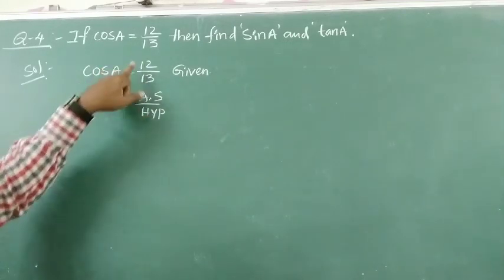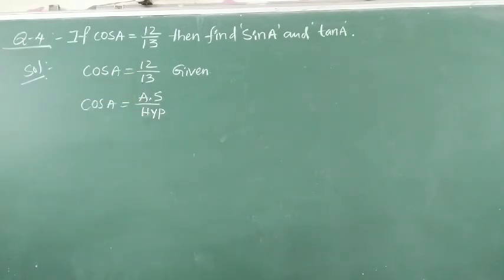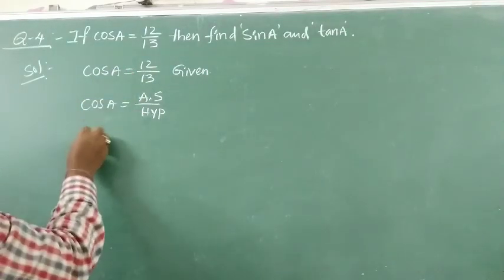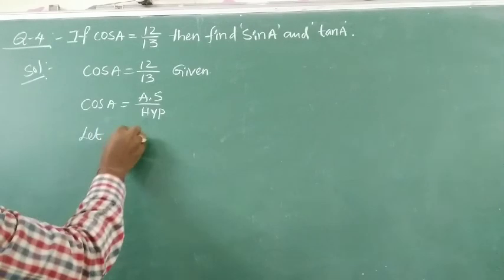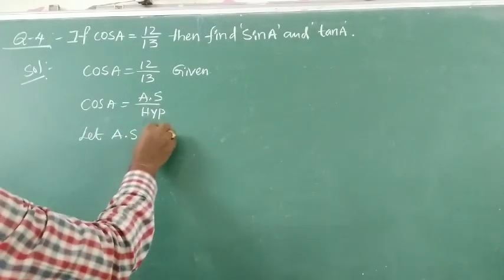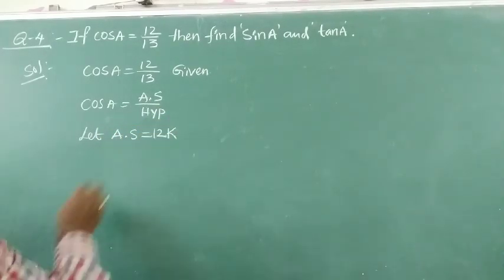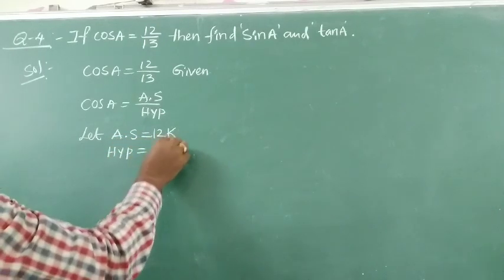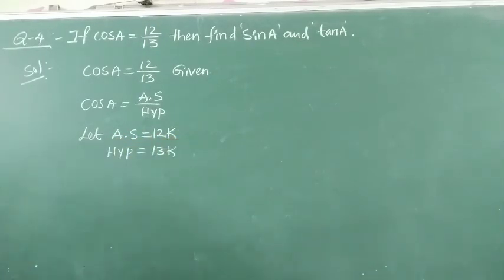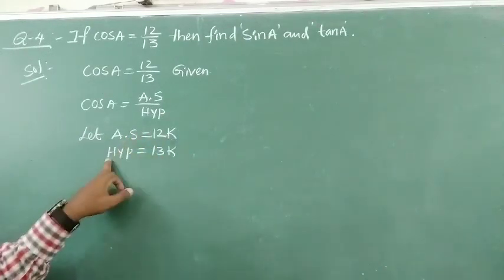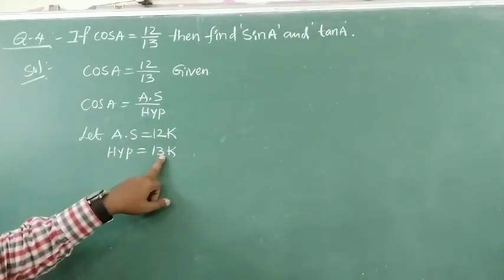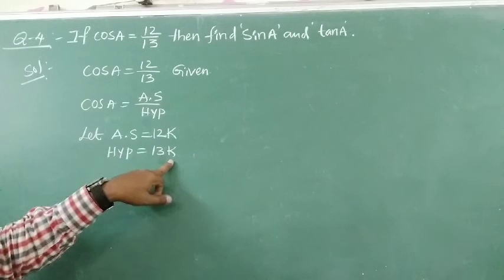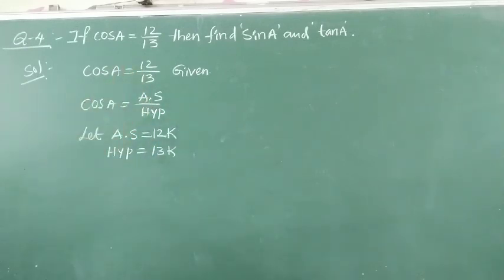Say for example, let adjacent side equal 12 times k, then hypotenuse becomes 13 times k. Again 12k and 13k ratio is 12 by 13.